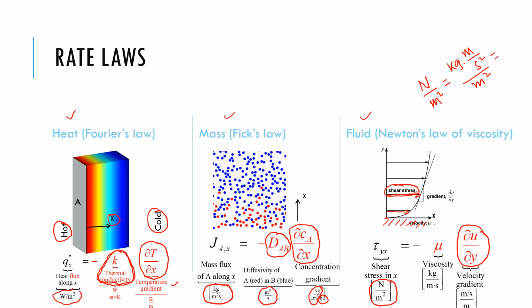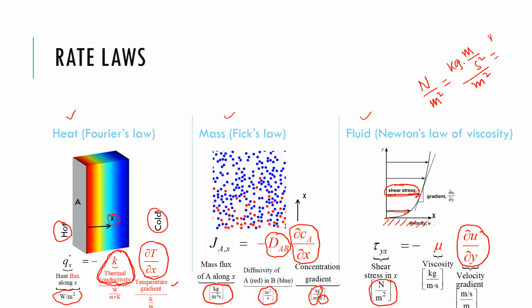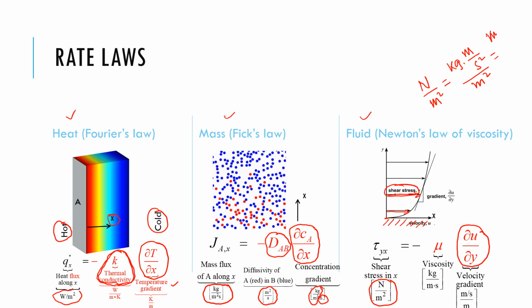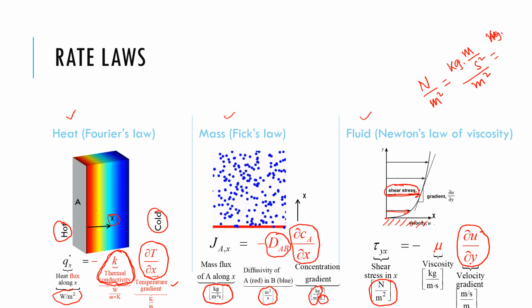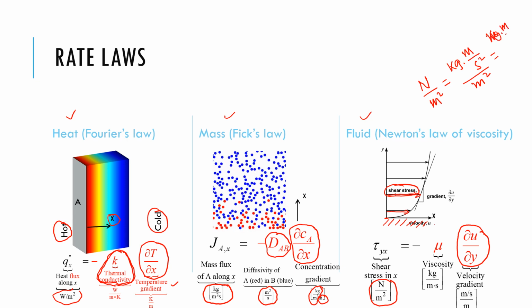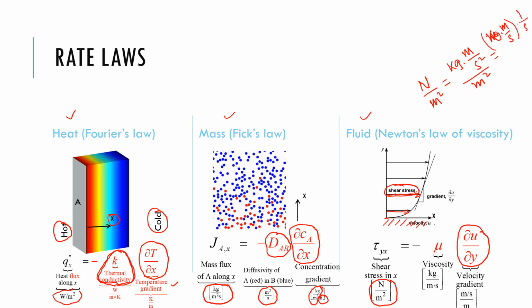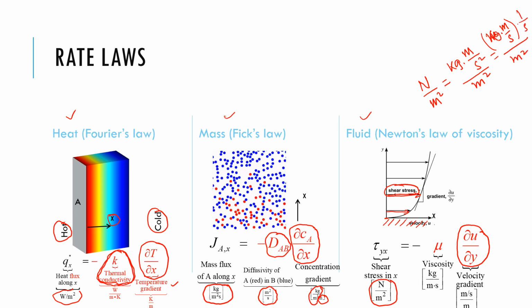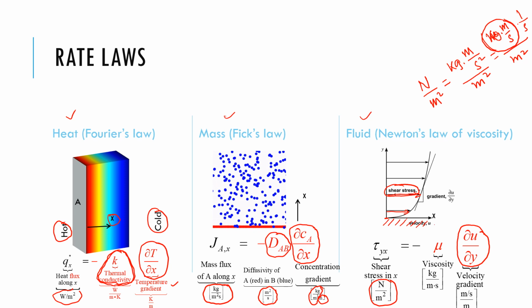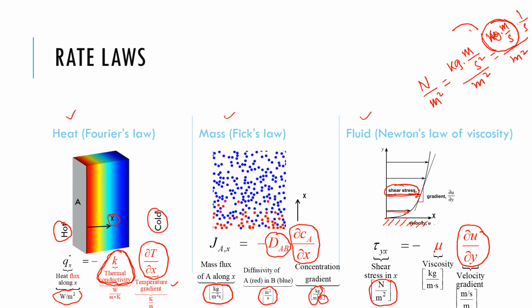So I can write this as kg times meter per second times 1 over second over meter square. So this quantity, kg meter per second, is momentum.